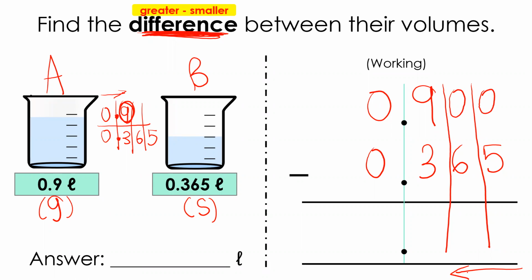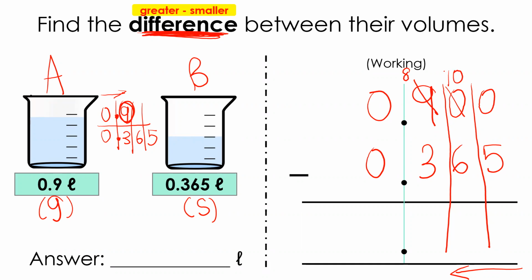So 0 thousandths minus 5 thousandths. Okay, that's not enough to subtract, so I have to go next door to regroup. But I cannot borrow from 0 hundredths. So I have to go to the tenths place and take 1/10, which I'm only left with 8/10 after that, to give me 10 hundredths.